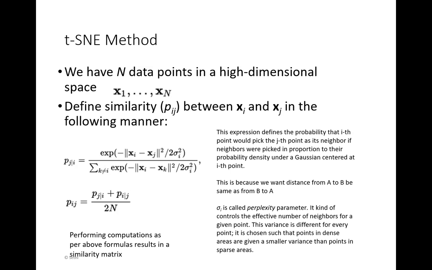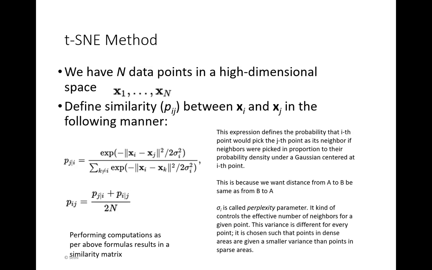So you can assume that at the ith point we put a Gaussian, and then we look at where the point j is sitting on that Gaussian, calculate the probability there, and normalize it with all the points that we have in our distribution. That gives you the probability P of j given i.